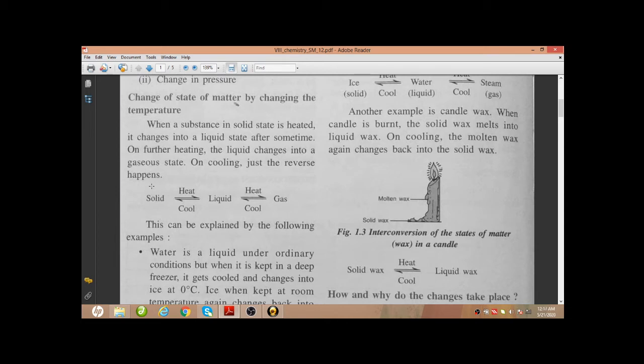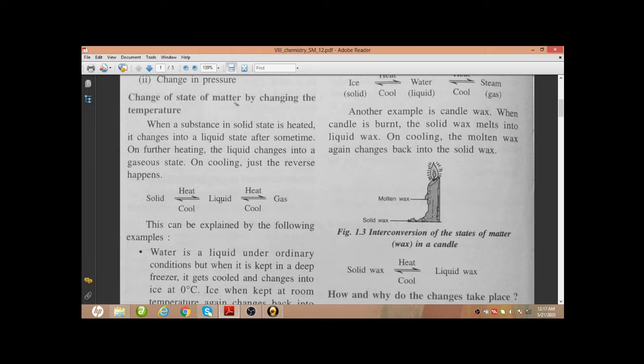The particles or the molecules of the solid will absorb energy. Their kinetic energy will increase, and their intermolecular gap will increase, and they will come to the state of liquid.